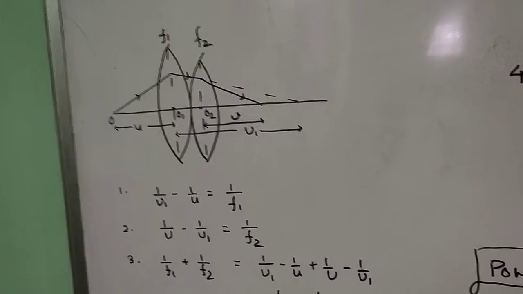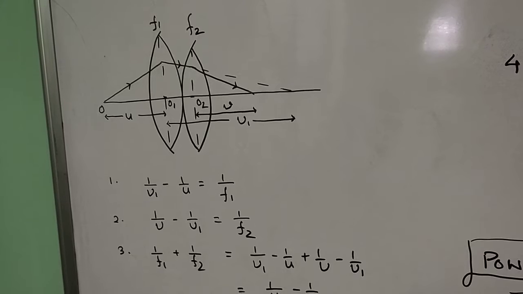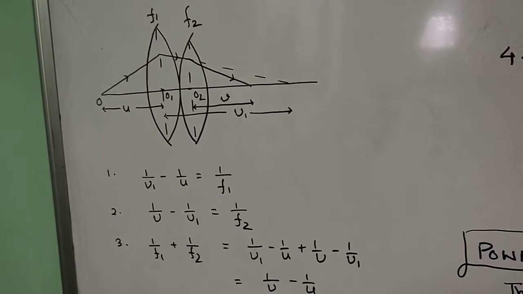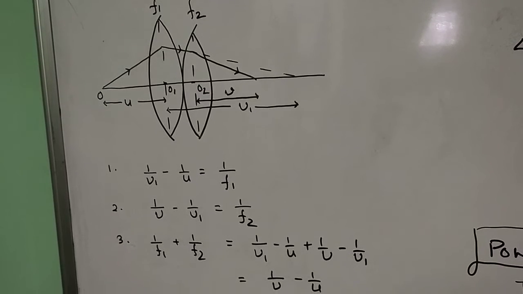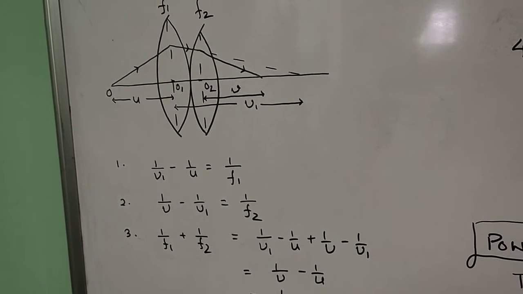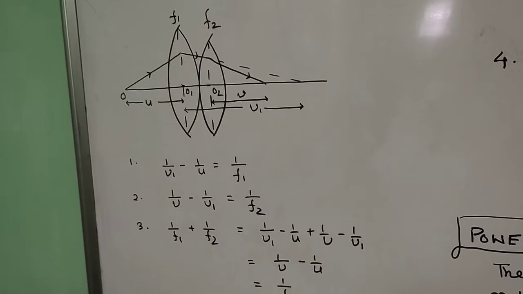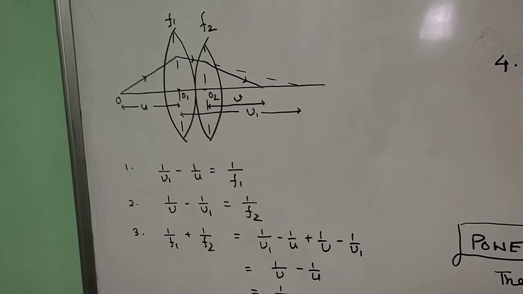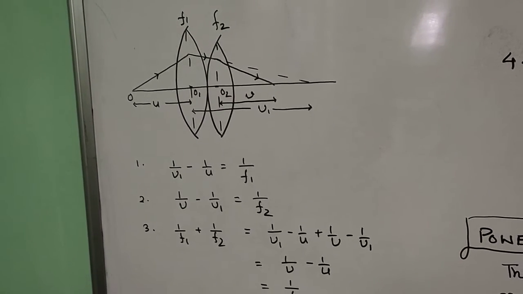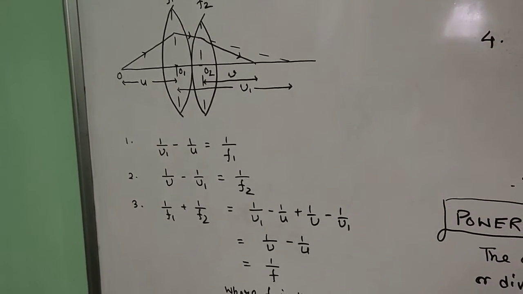If you add 1 and 2, you will get 1 by f1 plus 1 by f2 equal to 1 by v1 minus 1 by u plus 1 by v minus 1 by v1. So 1 by v1 minus 1 by v1 goes off, and you have 1 by v minus 1 by u. You see v is the final image of the combination and u is the object. If f is the focal length of the combined system, then it is 1 by f.